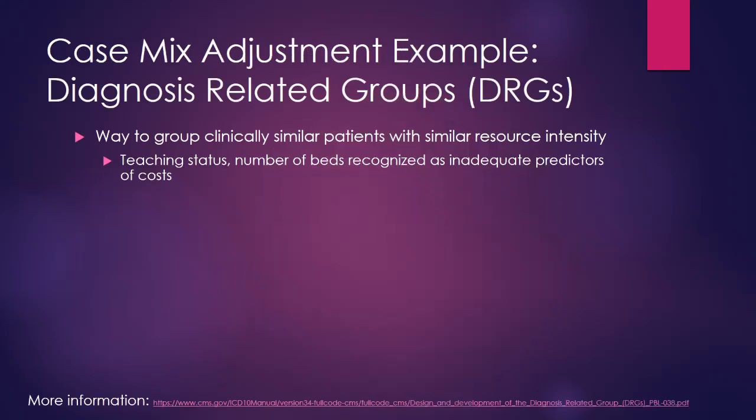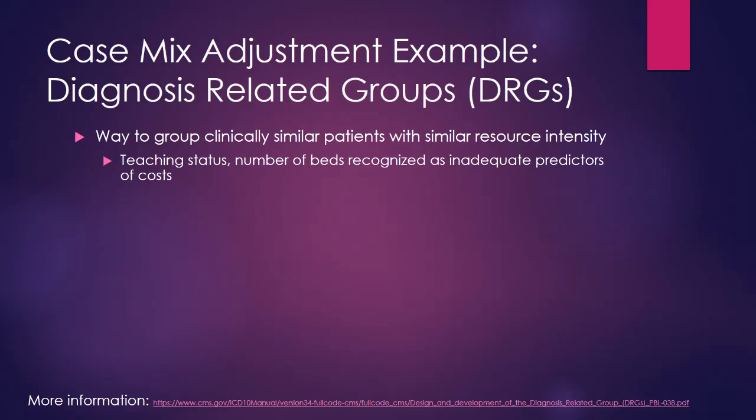So one example of accounting for patient complexity through risk adjustment is the use of diagnosis-related groups, or DRGs. This is a way to group clinically similar patients with similar resource intensity together. It developed out of the recognition that using hospital-level information alone is insufficient to predict resource use or utilization.